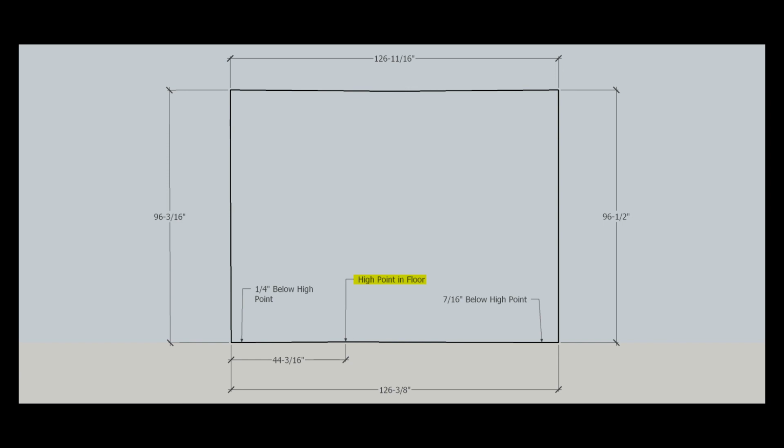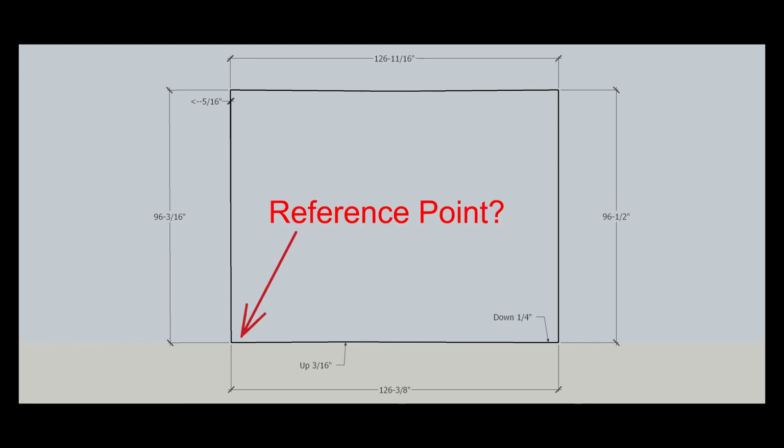We're labeling that point as the high point. And then relative to that, we say a 1/4 inch below high point, 7/16 below high point. That describes the condition of the floor based on the measurements that we took. And we could describe the same thing in a different way by using a different reference point.